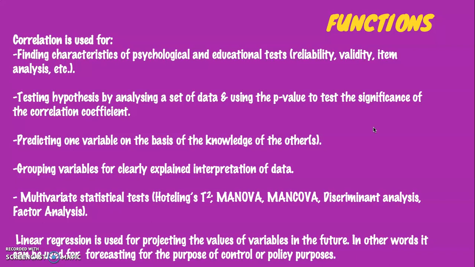It is used for predicting what the value of a variable will be based on the knowledge of the value of another variable. Linear regression is used for projecting the values of variables in the future. In other words, it is used for forecasting for the purpose of control or policy purposes.